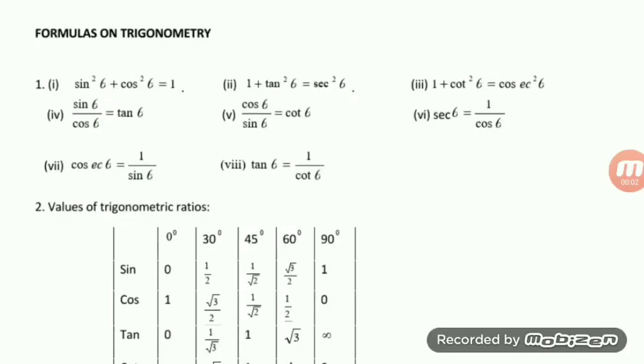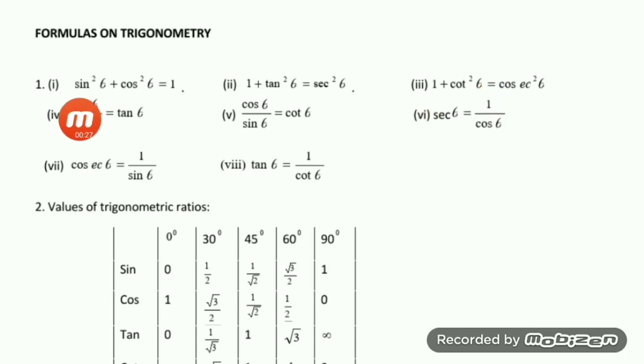Now you see here I give you some formulas. You have got all these formulas in class 10 and 11. First one is what? Sine square theta plus cos square theta is equal to 1. That you know, you have got it in class 11. You know how to prove it. Simply remember it; I am not giving the proof of these results. 1 plus tan square theta is equal to sec square theta. 1 plus cot square theta is equal to cosec square theta.